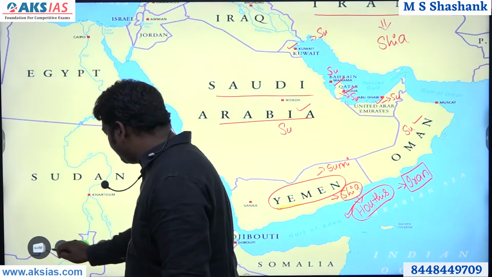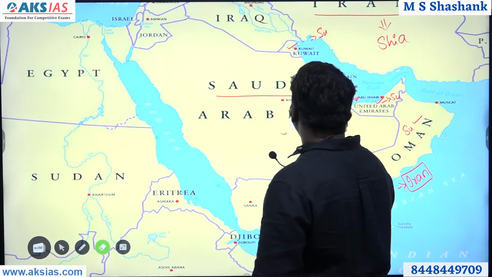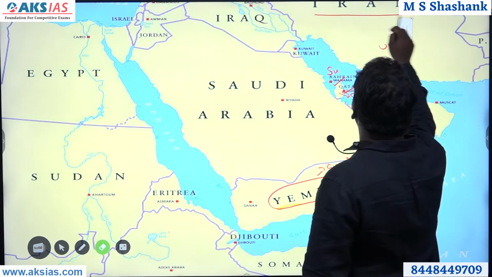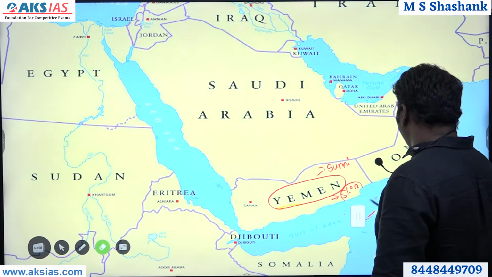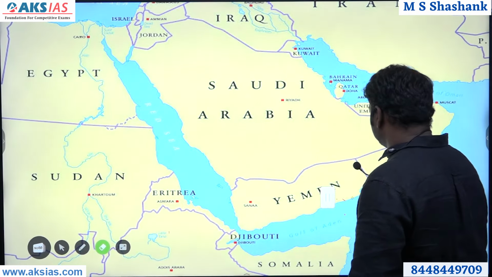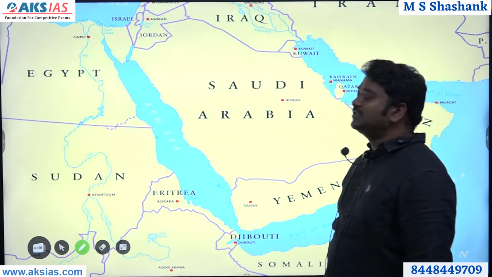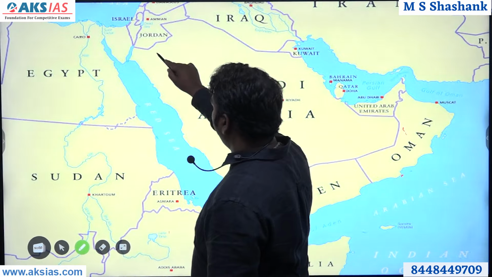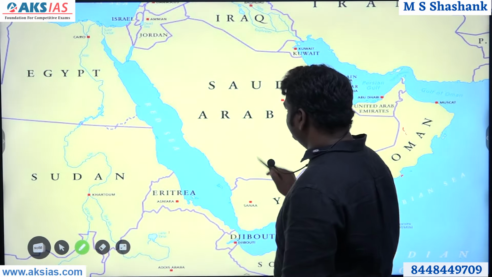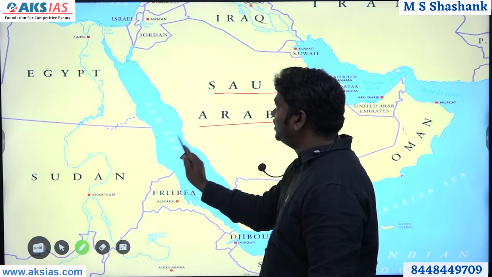If you check, the most important aspect that we all have to focus on is the countries which border Red Sea. First, let us come from this point. Saudi Arabia has border with Red Sea.